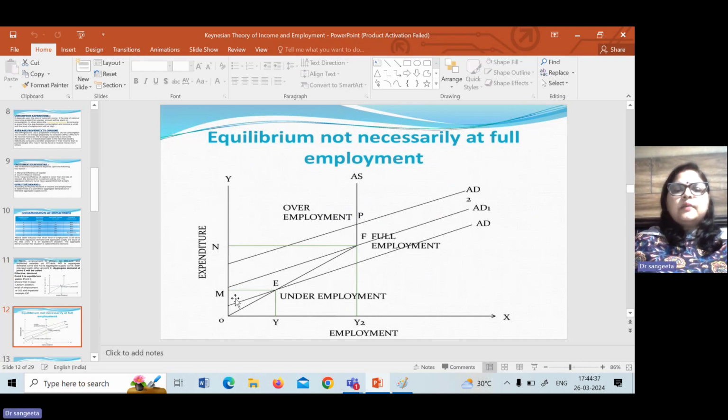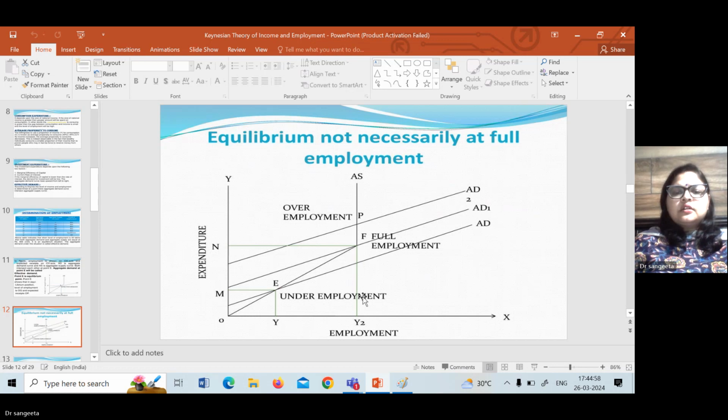If my demand is at point F, it is full employment. If I change the level of demand, for example, my demand curve shifts from AD1 to AD, here it cuts the aggregate supply.